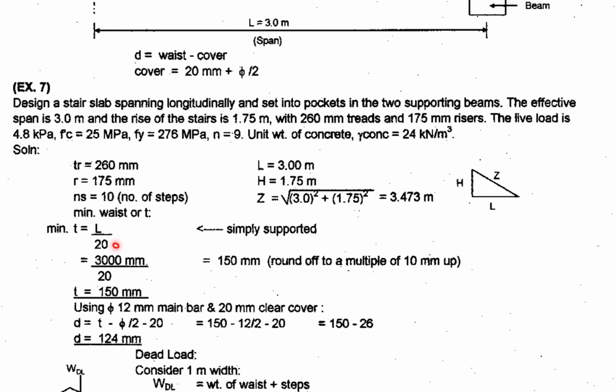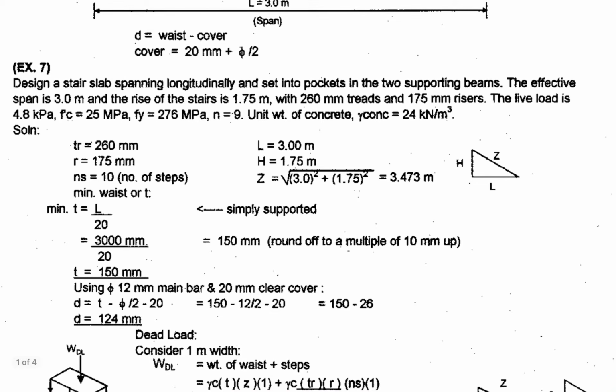So you will use L over 20. Then you have your L that is given, which is 3 meters. So therefore, convert that into millimeters. So therefore, that is 3,000 divided by 20. So you have your thickness equivalent to 150 millimeters.